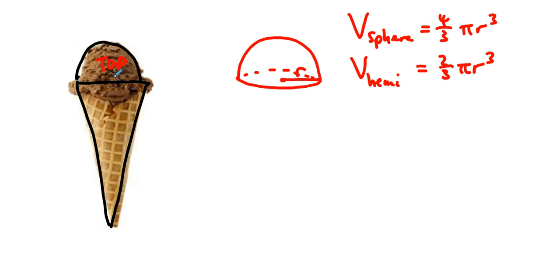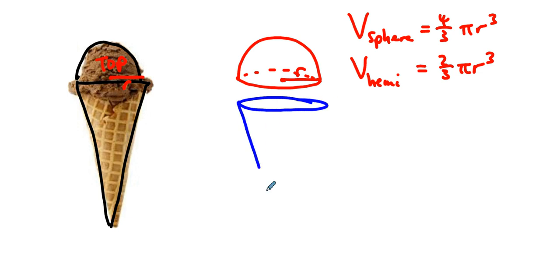So we would need some way to estimate what that r value is. Either in the picture or from context or with a ruler or you name it, we would need a way to estimate what that radius is. Then the bottom part, what happens when you take a triangle and spin it around an axis of rotation?